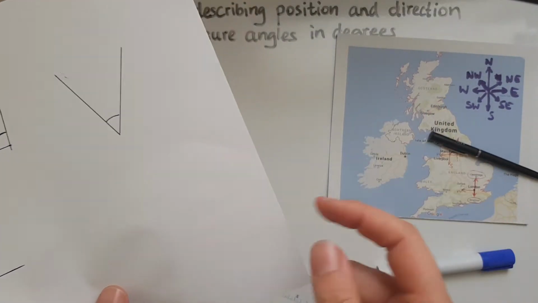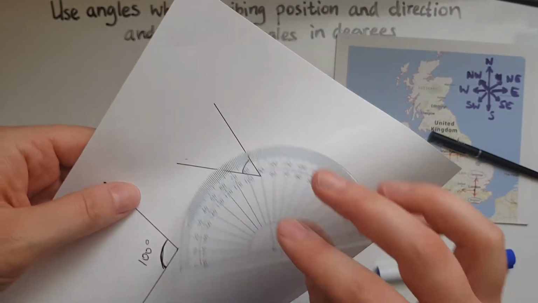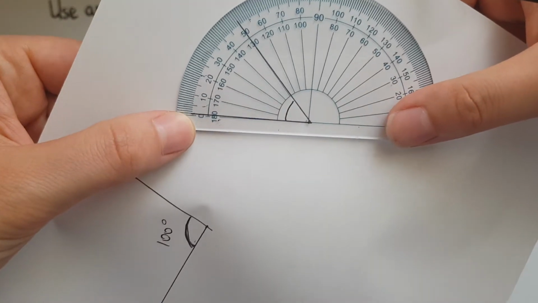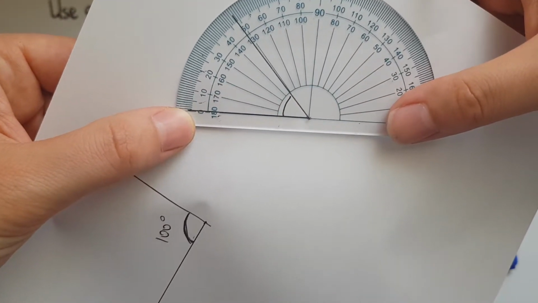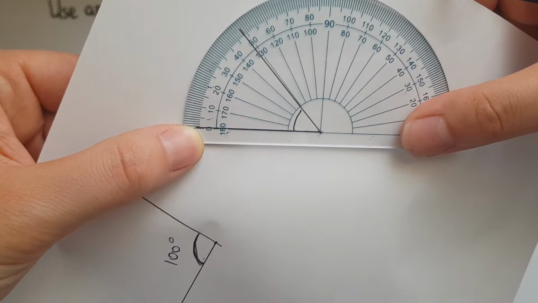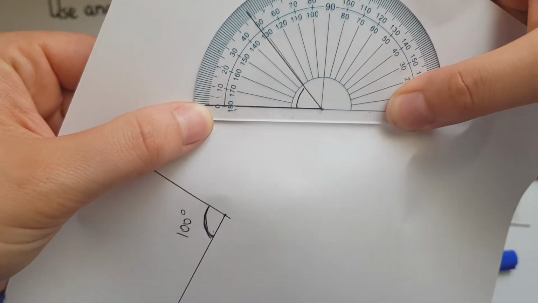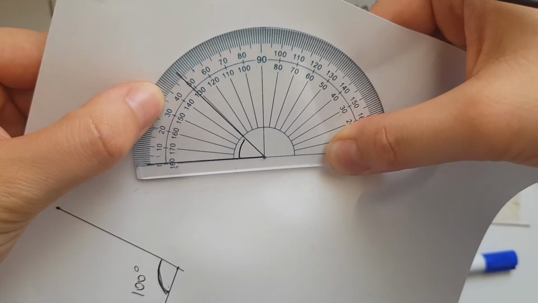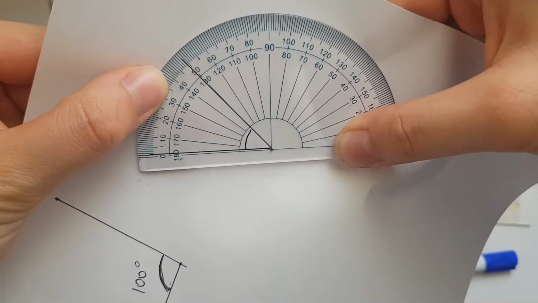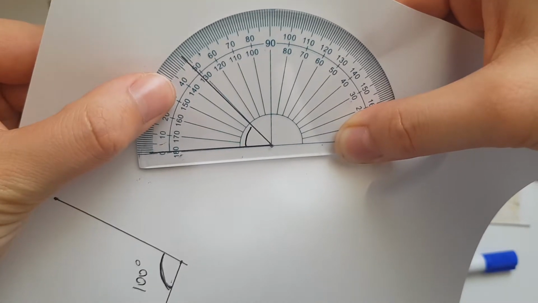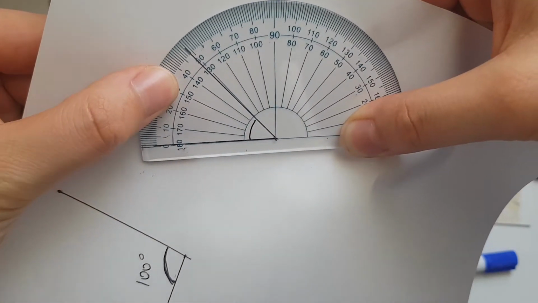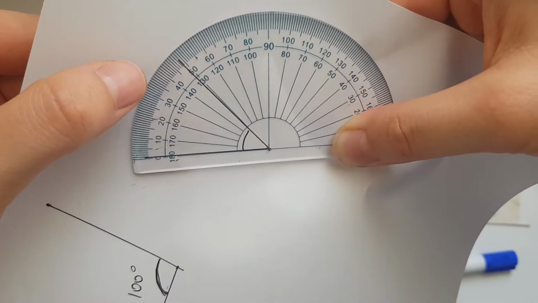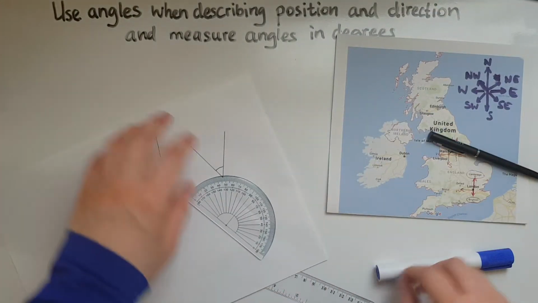I'll suppose this is my straight line, and there we go, aligned carefully on top of that corner, and we're starting from 0, so 10, 20, 30, 40, so it's over 40, not 50 yet, so it is about 49 degrees.